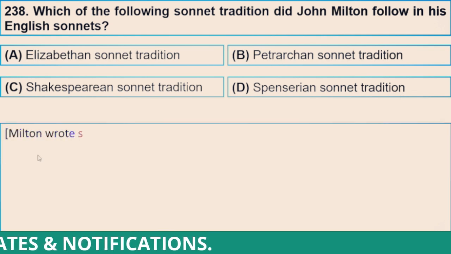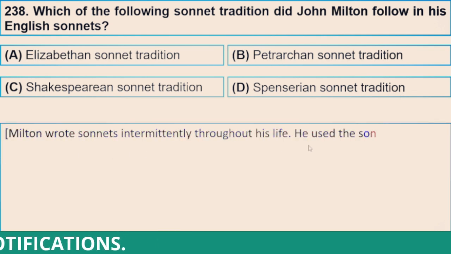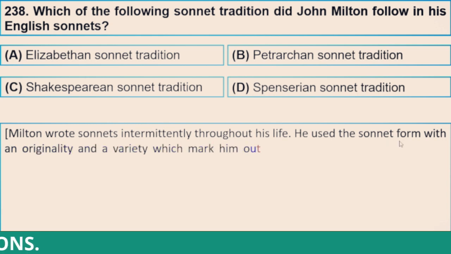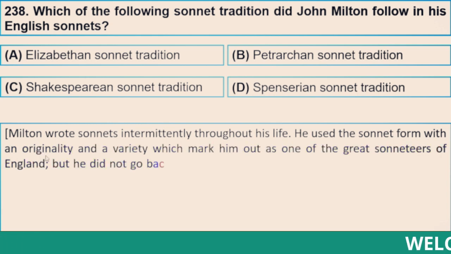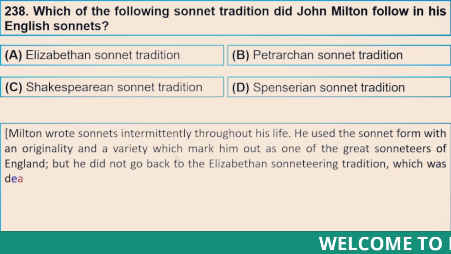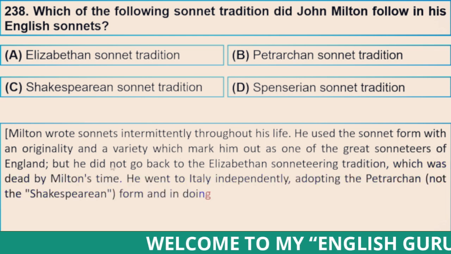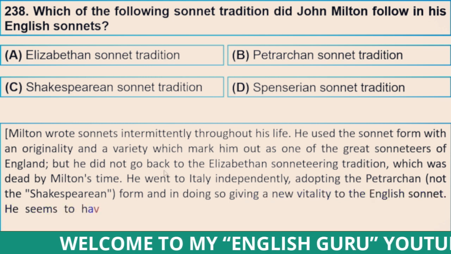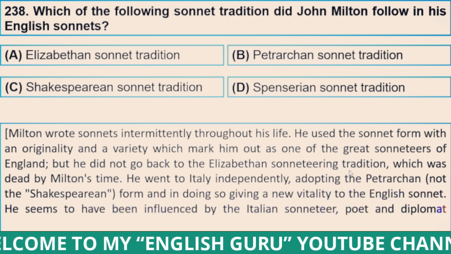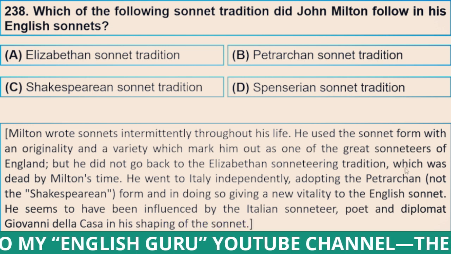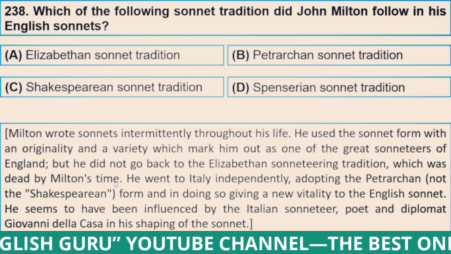Milton wrote sonnets intermittently throughout his life. He used the sonnet form with an originality and a variety which mark him out as one of the great sonnetiers of England, but he did not go back to the Elizabethan sonneteering tradition, which was dead by Milton's time.